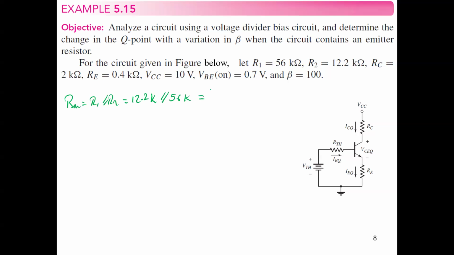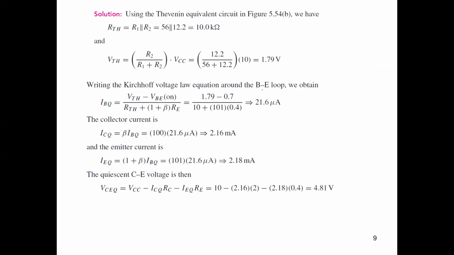So this means 12.2 times 56 divided by 12.2 plus 56. So we can get R Thevenin in kilo ohms from this relation. If you do that, you will get a value of 10 kilo ohms. Okay, so this is the first thing.